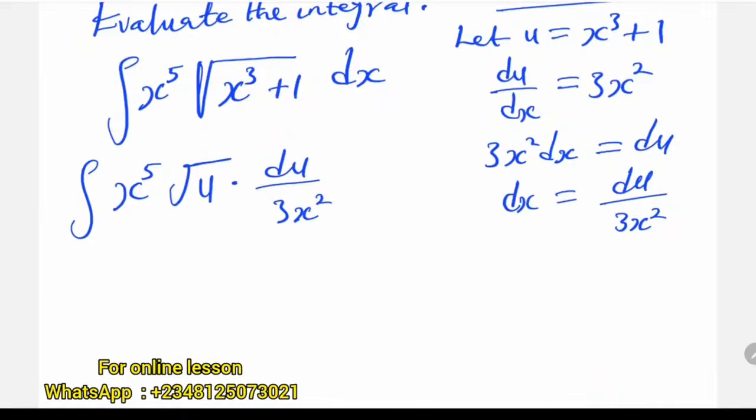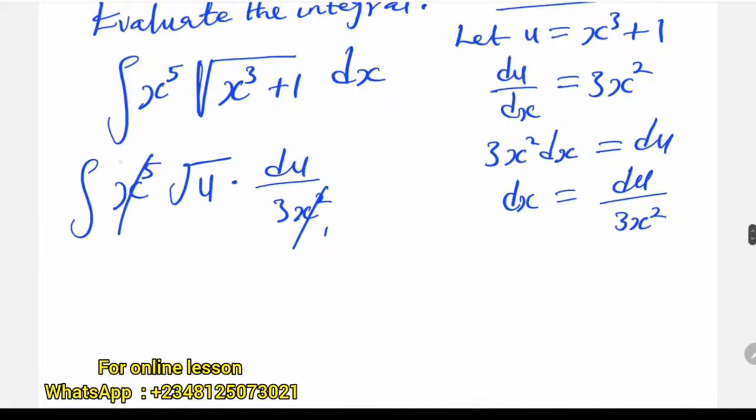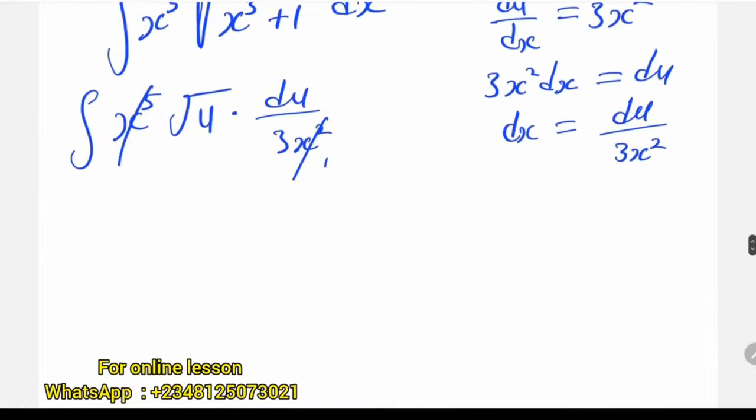Good. Now let us go into this. We are going to take this x squared, we cancel here. We are going to remove 2 of it from here. So it will now give us the integral of x raised to power 3, because this x squared is already cancelled out from inside x raised to power 5.